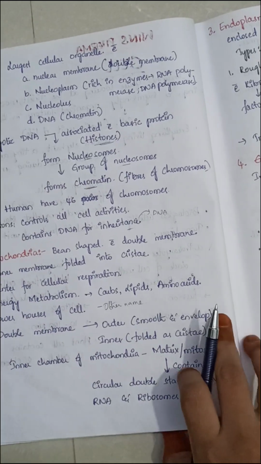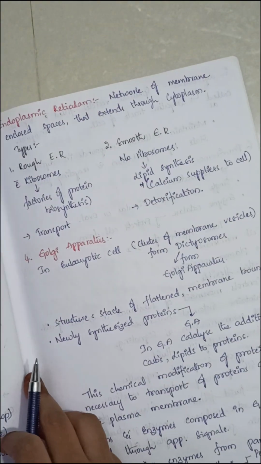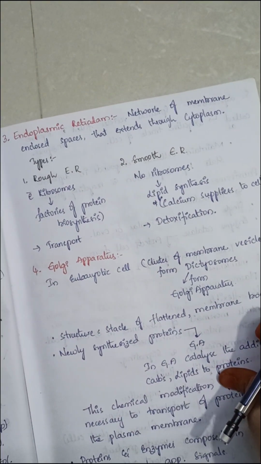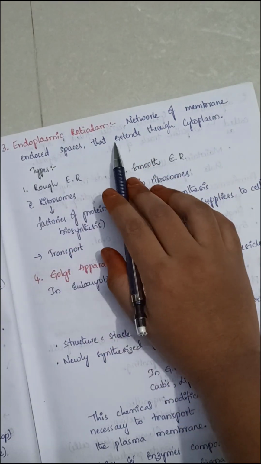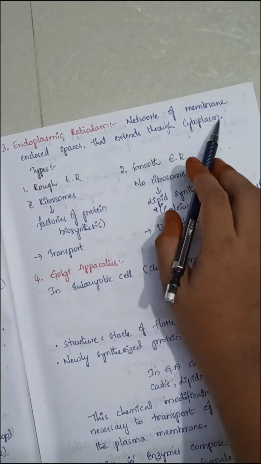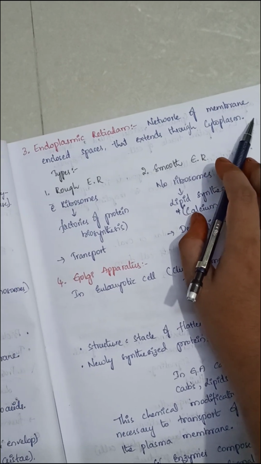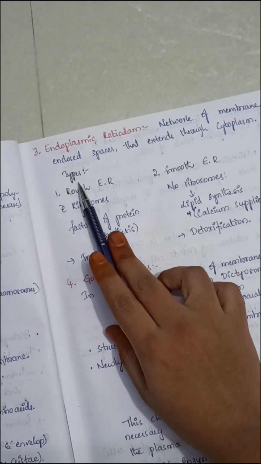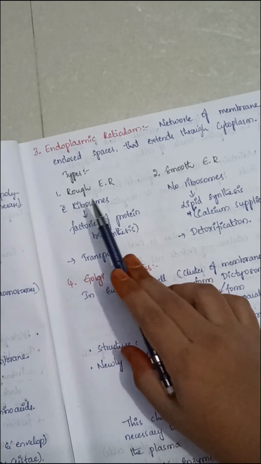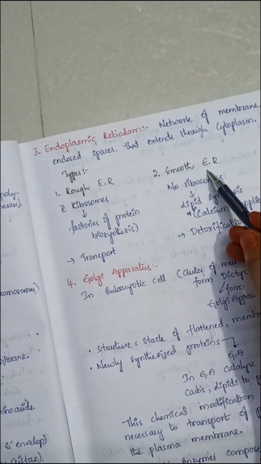Then coming to endoplasmic reticulum. What is endoplasmic reticulum? It is a network of membrane enclosed spaces that extends through the cytoplasm. There are two types of endoplasmic reticulum: rough endoplasmic reticulum and smooth endoplasmic reticulum.